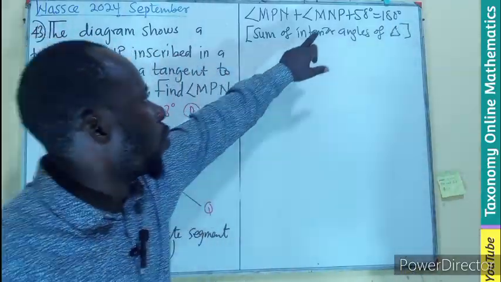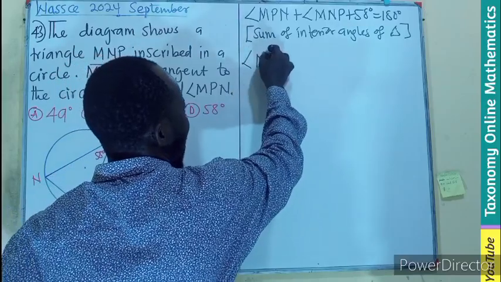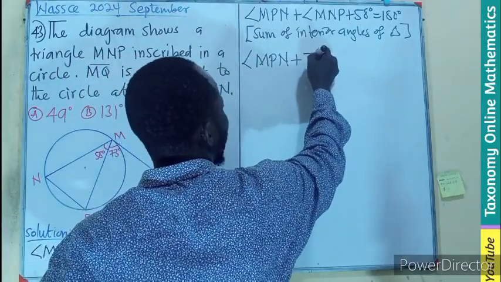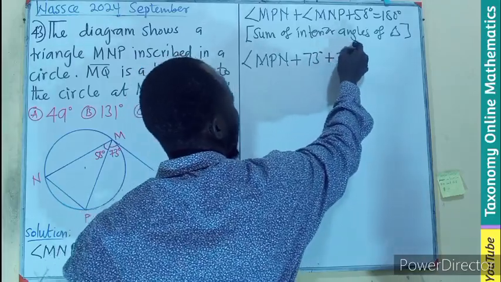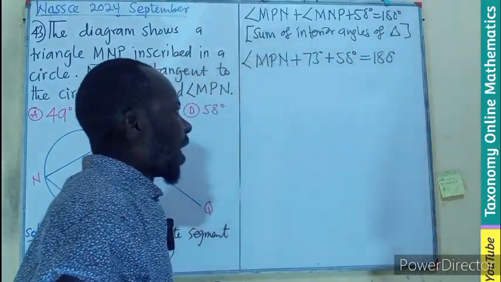Don't forget, we already know what this angle is. So we maintain the angle MPN plus 73 degrees plus 58 degrees, giving rise to 180.